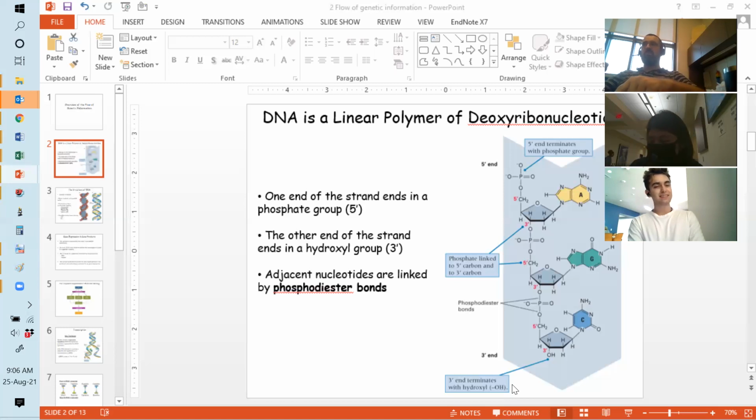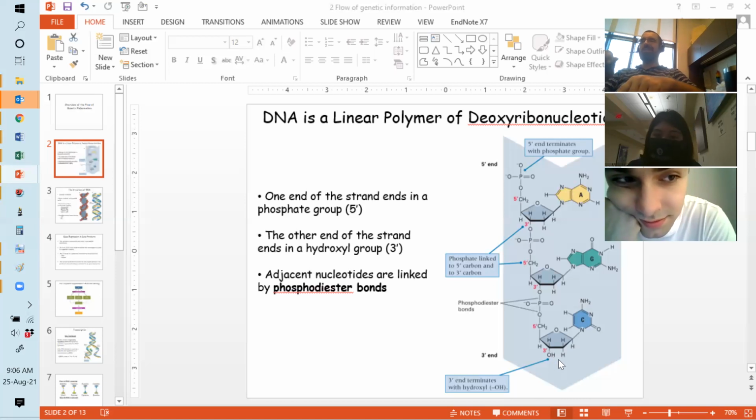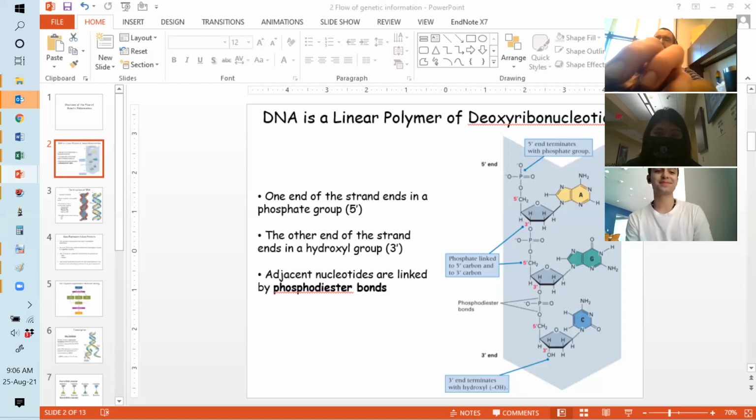All right, put you out of your misery. So, there you go, no deoxy. Deoxy means it's without an oxygen. So DNA, deoxyribonucleic acid, which is what this is, has a hydroxyl group only at the 3' carbon.